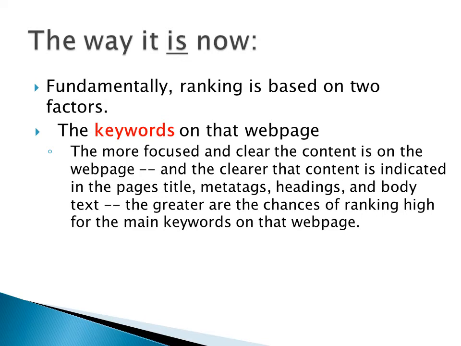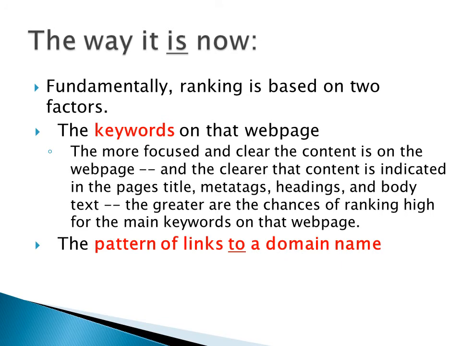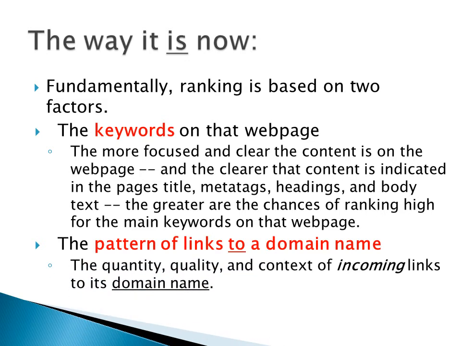Then the second fundamental factor for determining ranking is the pattern of links to a domain name. That's incoming links, other websites that link to you. And it's the quantity and the quality and the context of incoming links to a domain name that are very important, particularly with Google's ranking system.